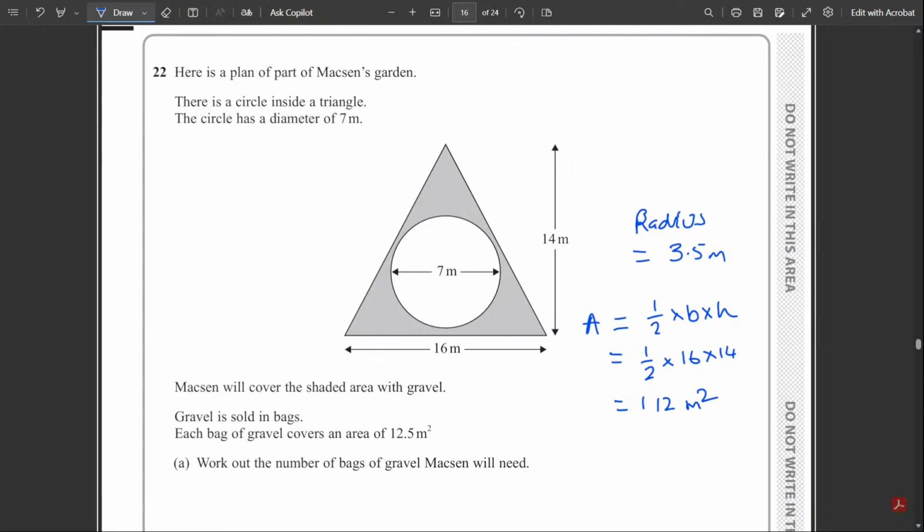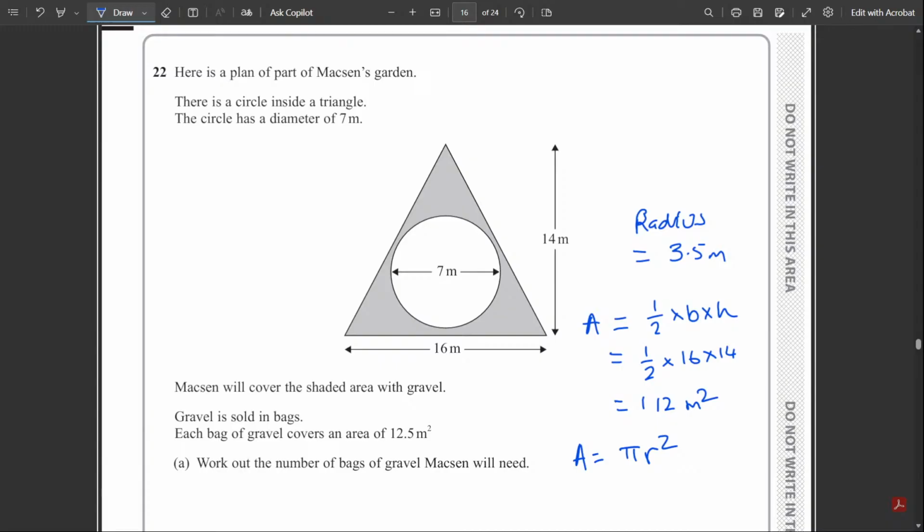But we need to remove the circle part of it inside the triangle. So we need to work out the area of a circle, which is given to you in your formula sheet. It's pi times radius squared. So we do the radius squared, which is 3.5 multiplied by 3.5, and then multiply it by pi, which is 3.1428, whatever that is.